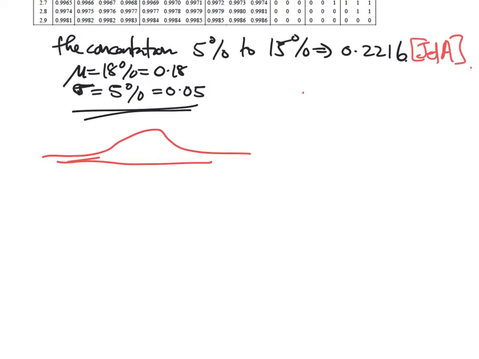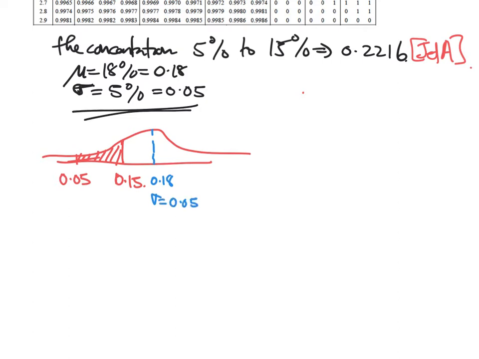So 15% is somewhere here, so 0.15, and 5% is somewhere here. It's just a rough sketch, don't have to be exact. So that's the area that we are looking at, and mu is exactly in the middle, which is 0.18, and the standard deviation is 0.05.